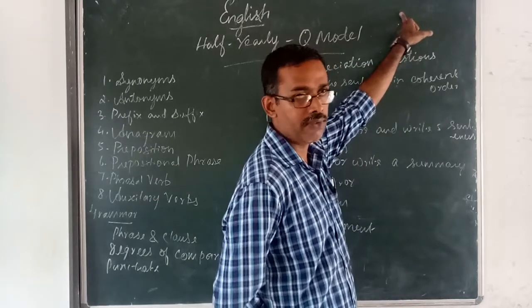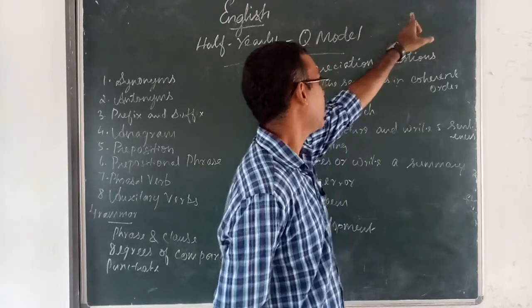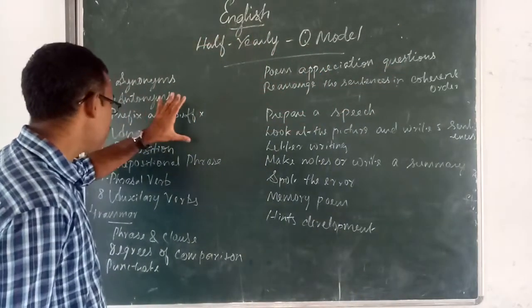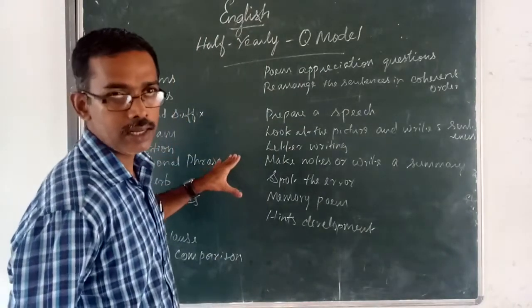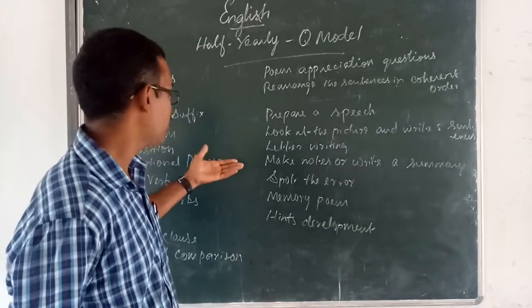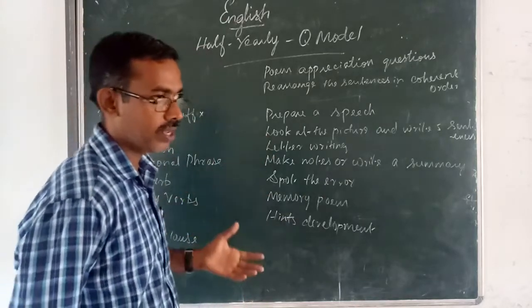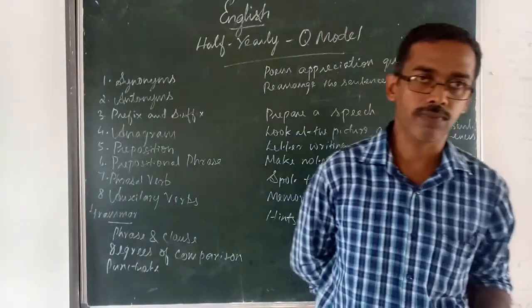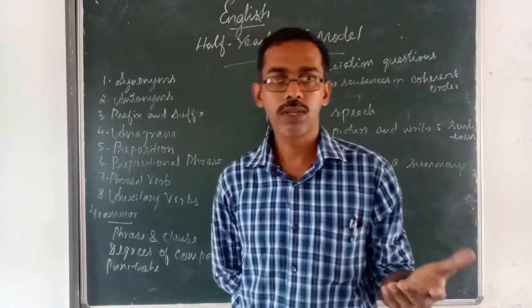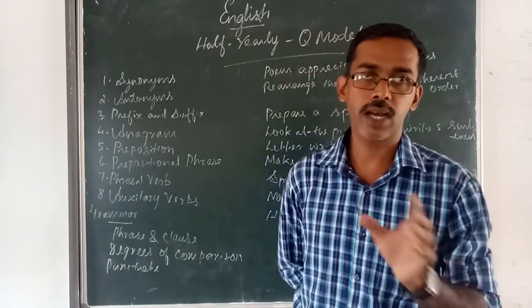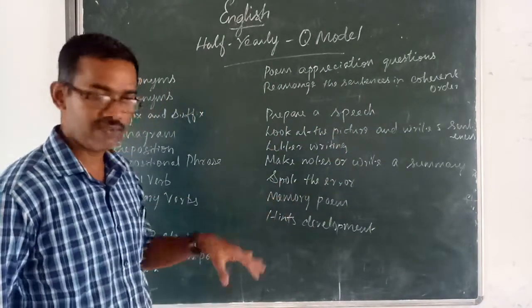If you are writing to your friend, on the left hand side put Dear friend, and then start writing, explaining something in a very friendly way. First you will greet your friend: how are you? I am fine, I hope you are fine. In this way you start, explain something in the letter, and finally convey my regards to.